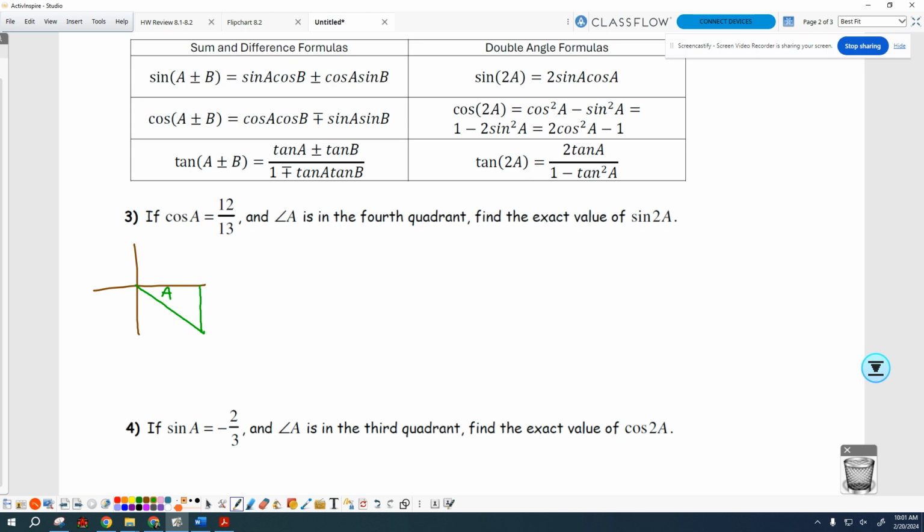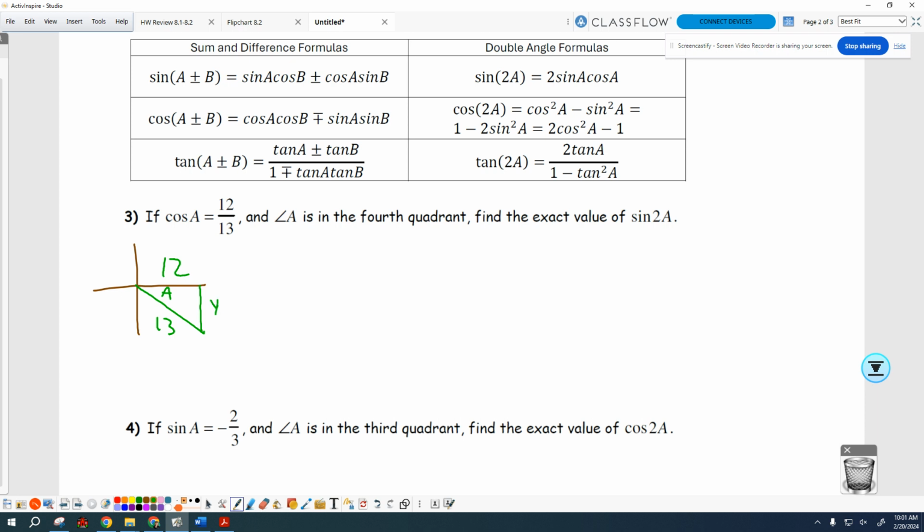Raheem, how do I label the sides? Cosine of A is 12 over 13. The adjacent would be 12. Hypotenuse would be 13.